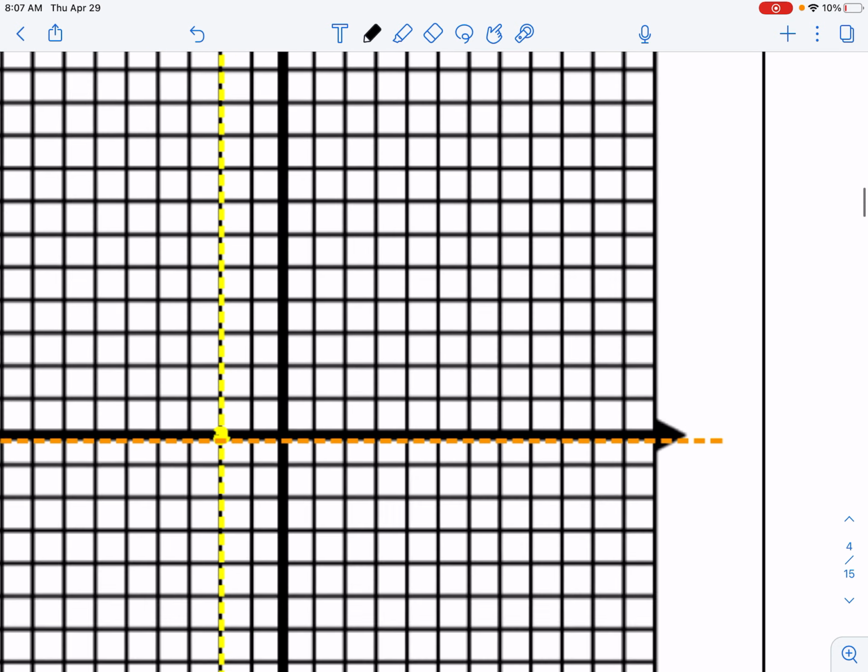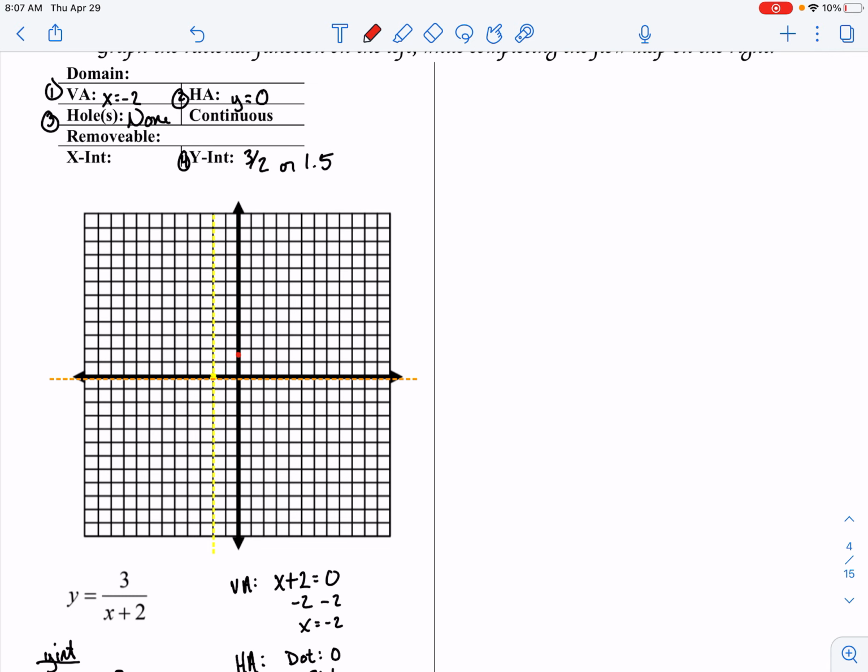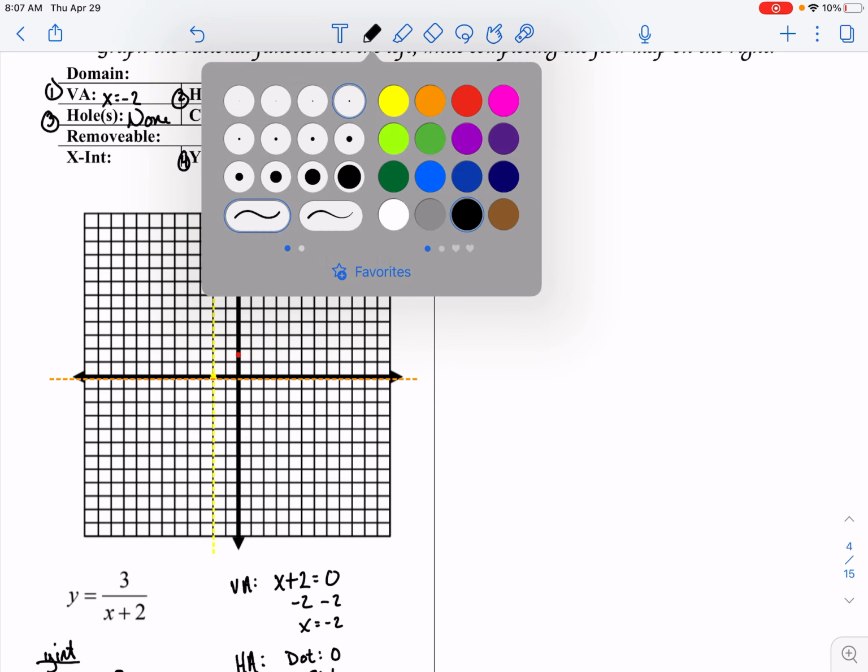So if I zoom in, and then once I get this, it is going to tell me the shape of my graph.